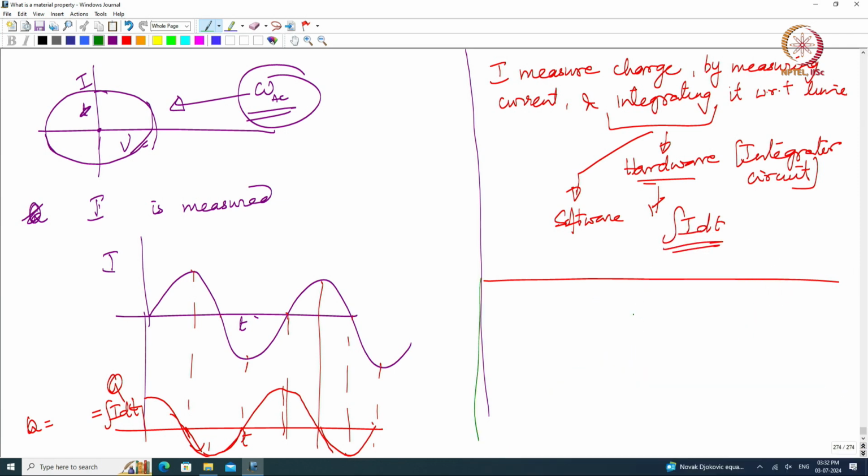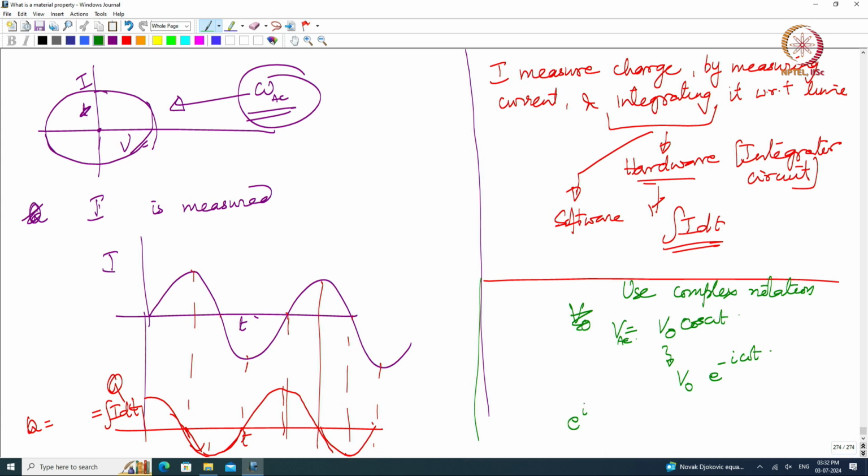However, now I have a black box. From now on I am going to use what is called a complex notation. Instead of saying V naught cos omega t, for a small signal, representing VAC, I am going to write it as V naught e power minus i omega t.